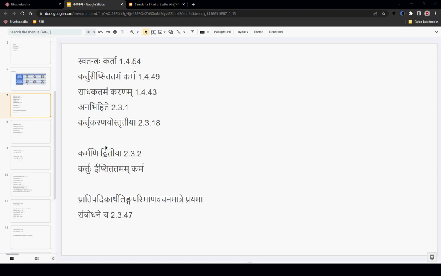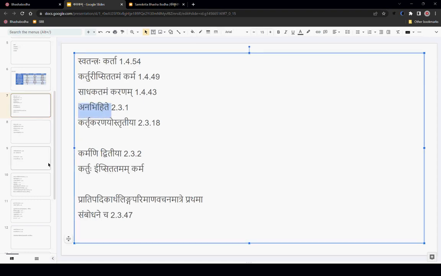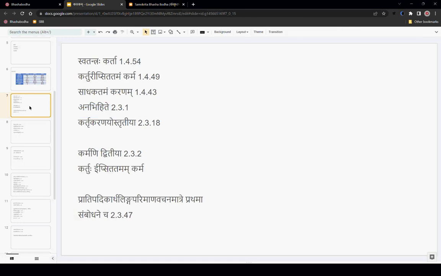But when Tritiya is applied for Kartrukaranayo, generally I said Kartari Prayoga, but no, the important thing is Anabhihite here. Anabhihite means when it is not stated, when it is not expressed, then these vibhaktis are applied.